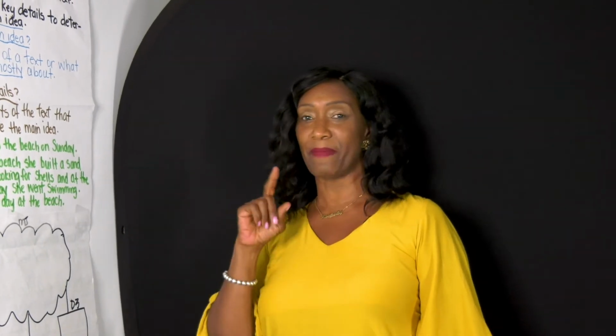Remember, the main idea cannot stand by itself. It needs supporting key details. So go ahead and jot me down 3 key details of something that you did at the place that you visited. Okay, jot that down in your journal, please. And if you have a sibling next to you, you guys can even turn and talk. Discuss it and jot it down. Okay? And let me know when you're done by giving me your thumbs up.